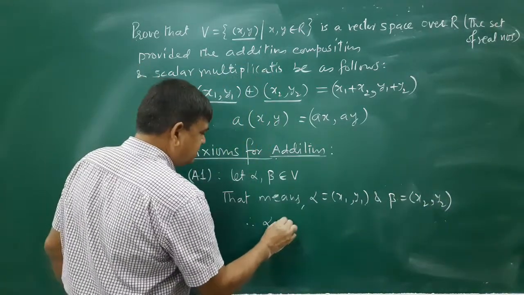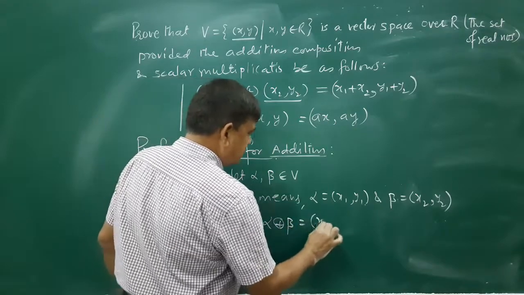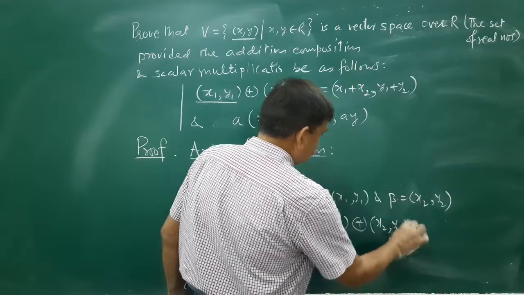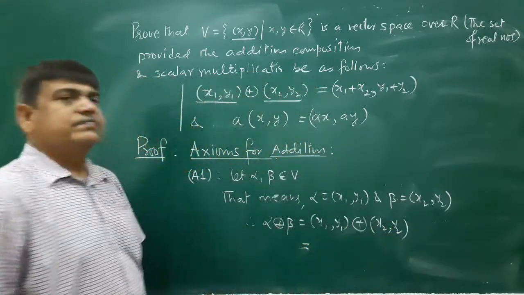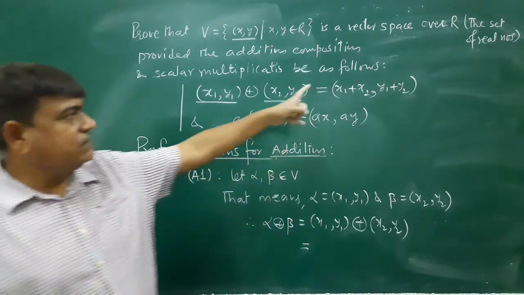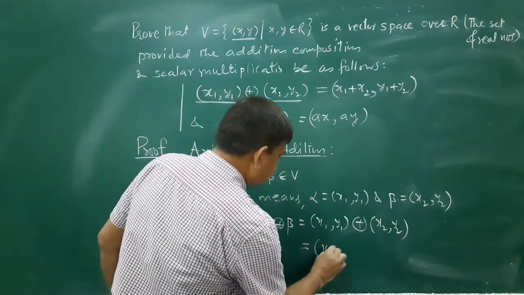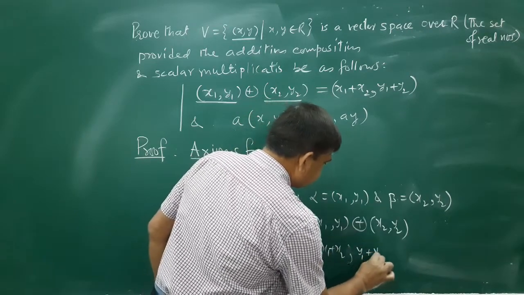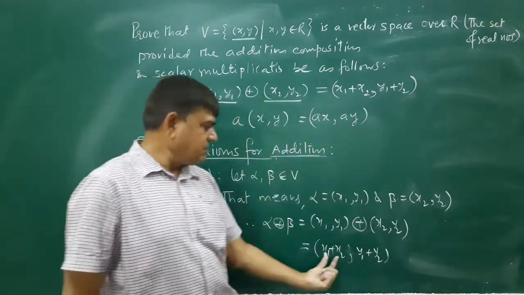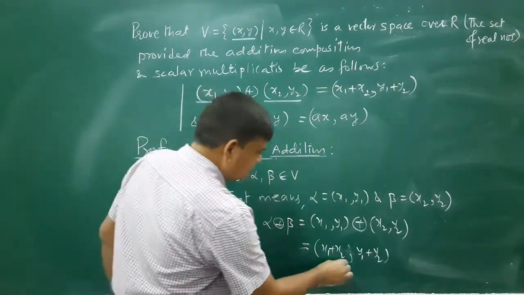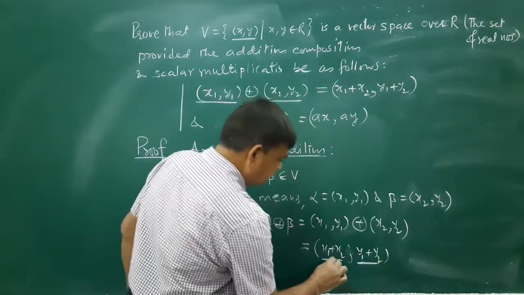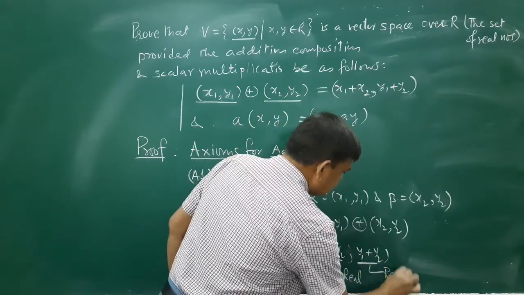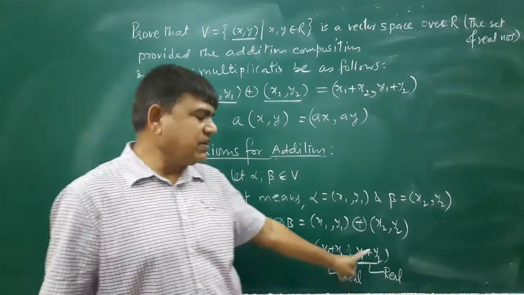Therefore, how to add? This is given to us. This is a real number, this is real. Sum of two real numbers is a real number.